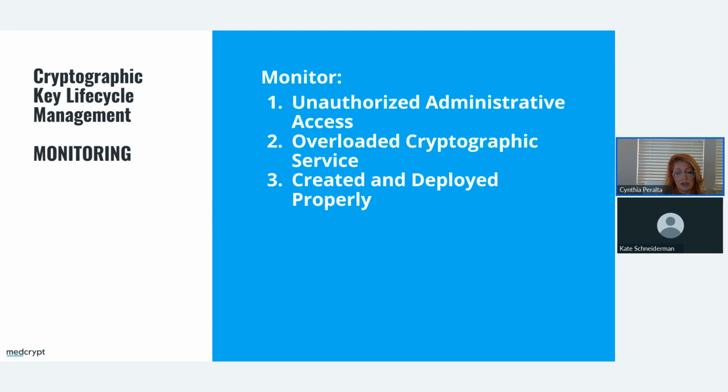Monitoring the key's life cycle is also important to ensure that the key has been created and deployed properly. In episode 1, we also talked about the importance of not only who has access to the keys, but who has the ability to make changes to the environment with those associated keys as well.